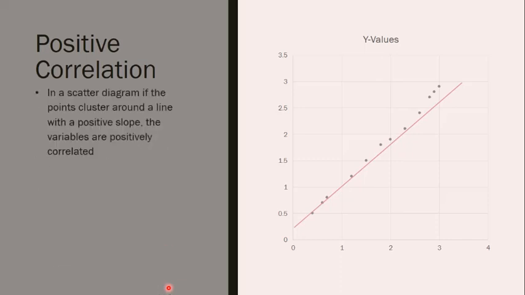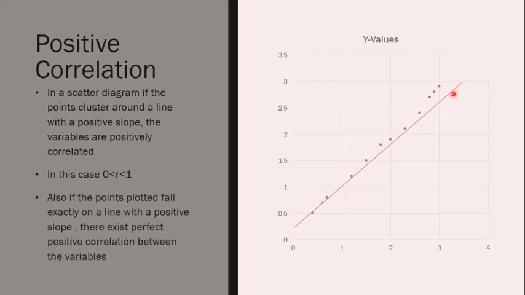Here in this scatter diagram, if the points cluster around this positive slope, then it is said that x and y are positively correlated, and it has an upward trend also, as you can see. In this case you can clearly say that r is between 0 and 1, since it has a positive correlation that we have studied earlier.